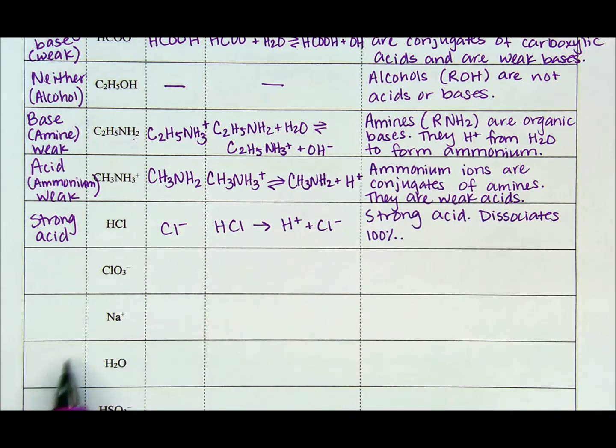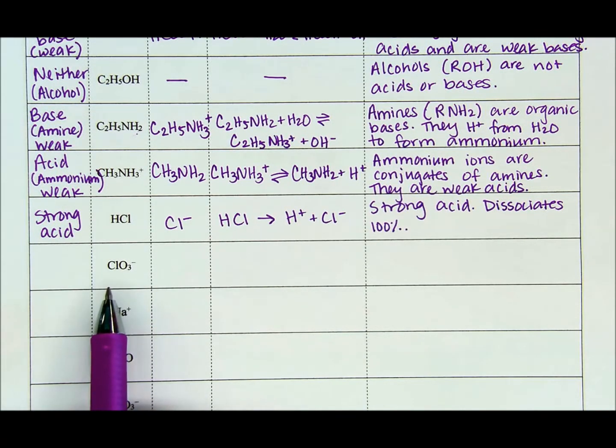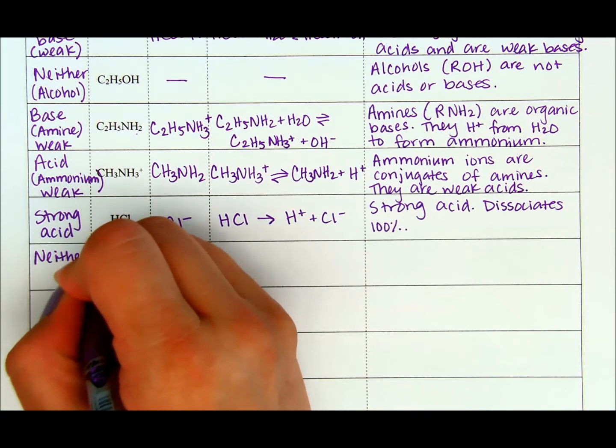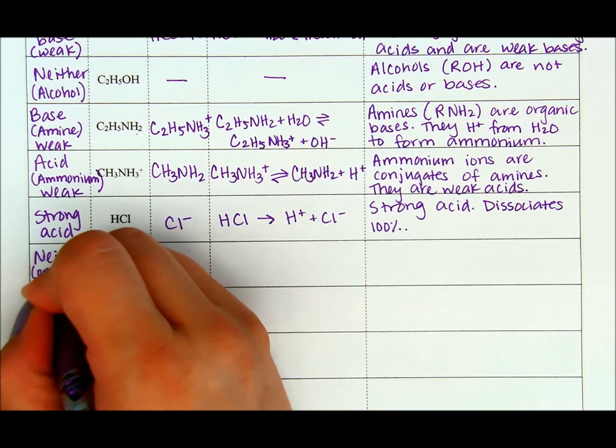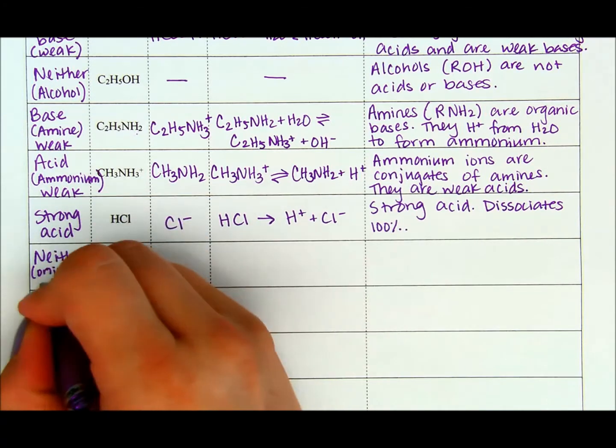Okay, next up. ClO3 minus. This is actually neither. So this is the conjugate of a strong acid. So conjugates of a strong acid, they're not going to go back the other way. So neither, because it's the conjugate of a strong acid.